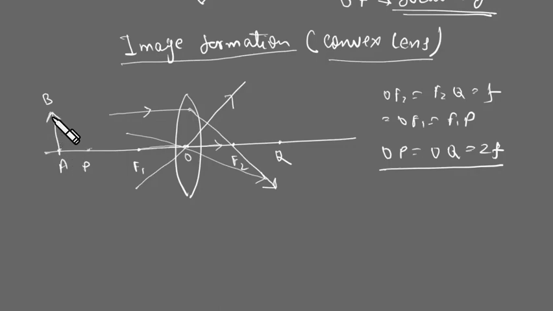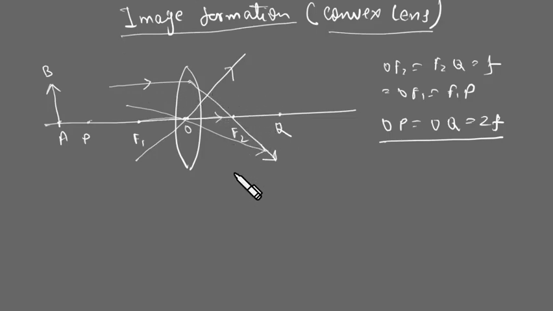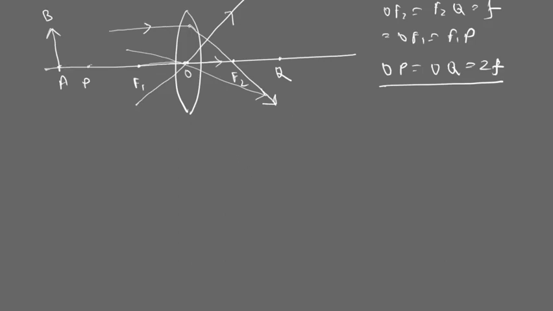Now we will bring this object from infinite distance. First we will consider the object to be placed at infinity, and then slowly we will go closer to the lens, and see at different positions where the image is formed.